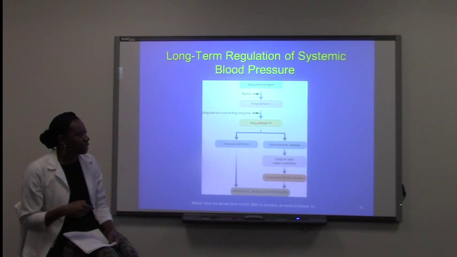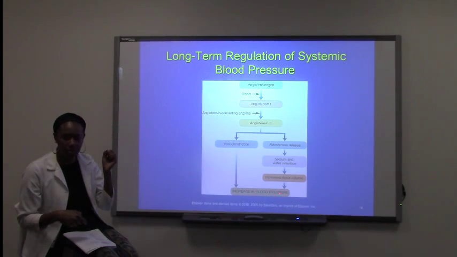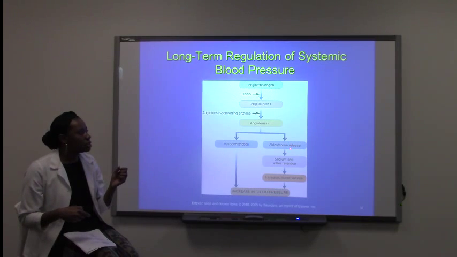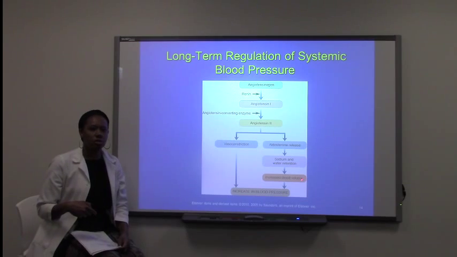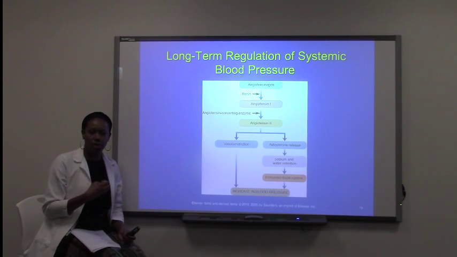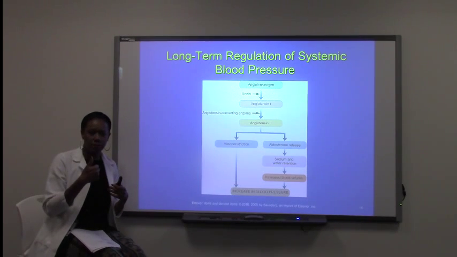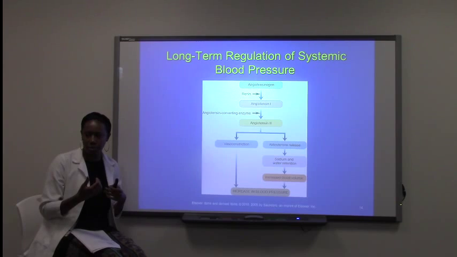Once we get angiotensin 2, it will cause vasoconstriction of the vessel, which will therefore increase blood pressure. It will also cause a release of aldosterone. And what aldosterone is going to do, if you remember from physiology, is cause sodium and water retention. Once we cause sodium and water retention, this increases blood volume, which therefore increases blood pressure.